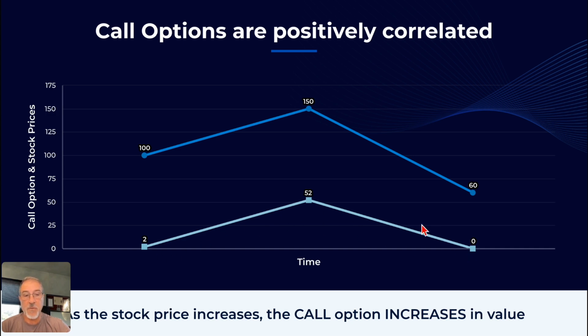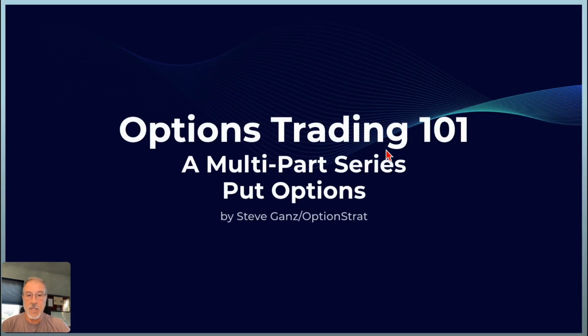Now, there are other factors that come into play here: volatility, general greed in the market. How badly does somebody want to buy my call option? So other factors come into play, but the call option will generally follow the price of the underlying stock.